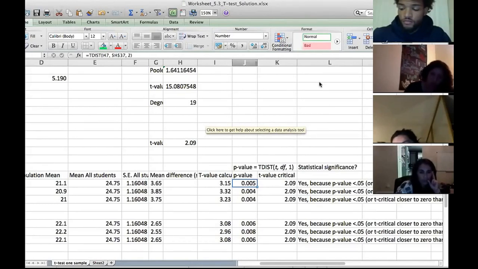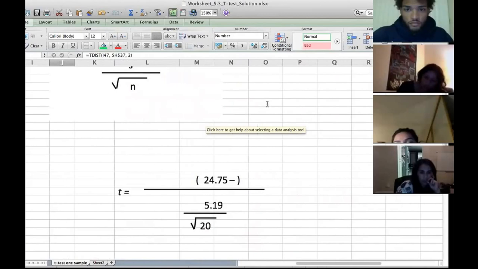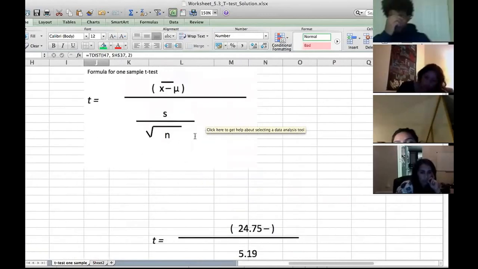So I want to go back real quick. Susie's asking a good question. Why aren't we using n-1? Shouldn't it be 19 on the bottom and not 20? Good question. Here it is just based on the formula. The formula for the one sample t-test is S divided by the square root of n.